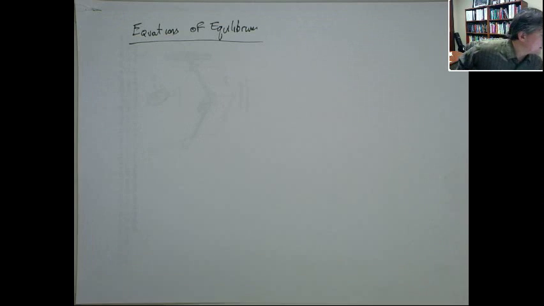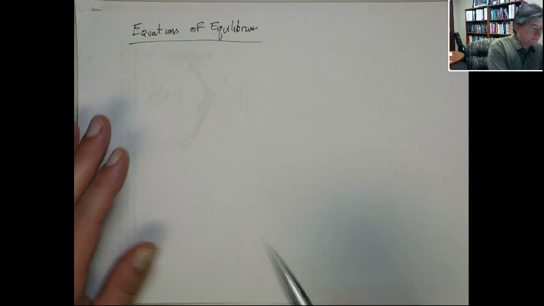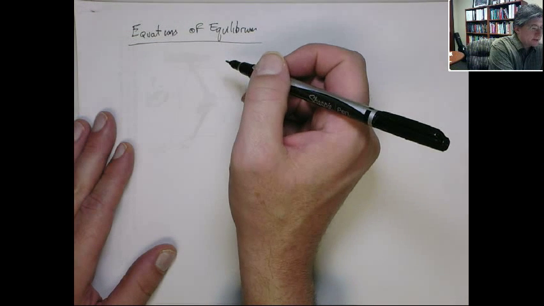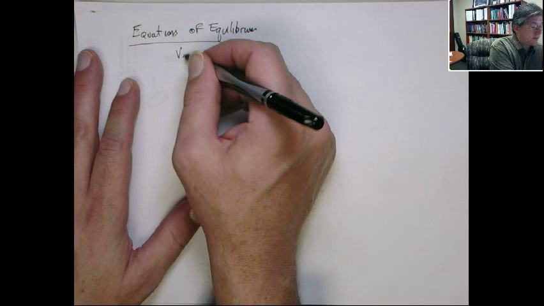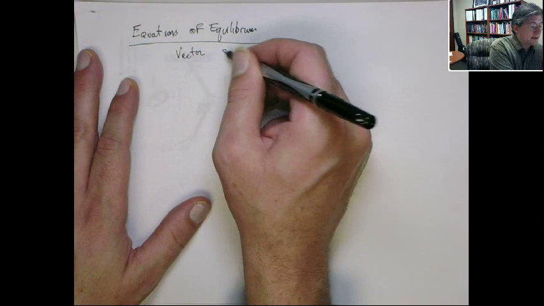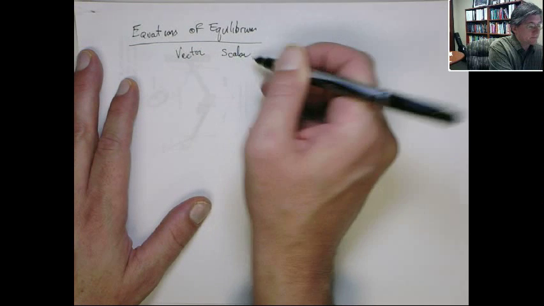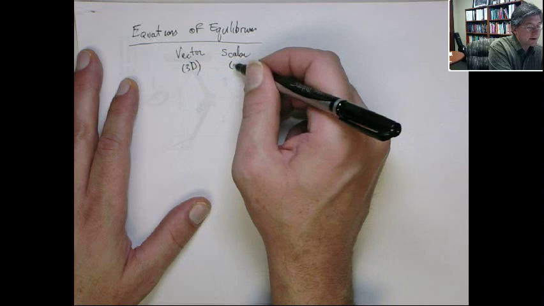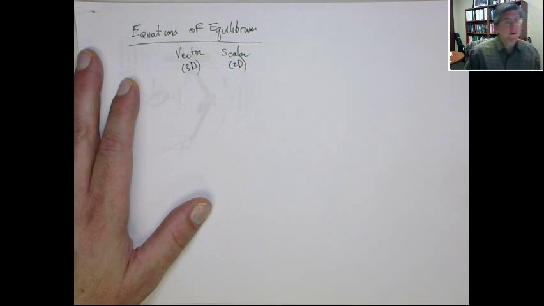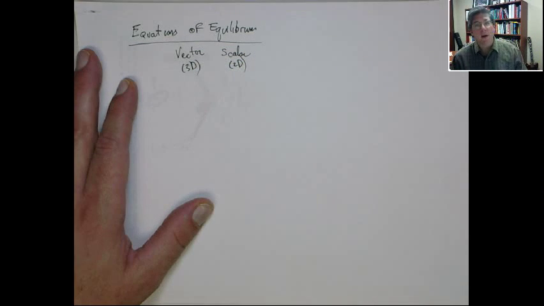These are the most commonly used thing in this class. And when we talk about the equations of equilibrium, we'll talk about them in vector form and in scalar form. The vector form is sort of a 3D form, and scalar is stuff we do when we simplify the problem to 2D or even 1D.